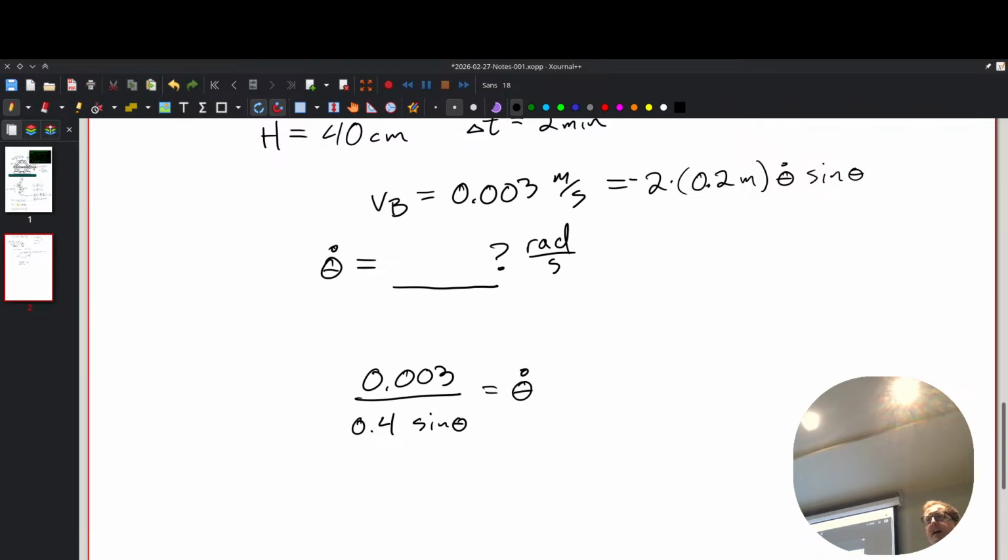We still have a sine theta component. Is it because of its reliance on VA, and VA is moving along a curve?